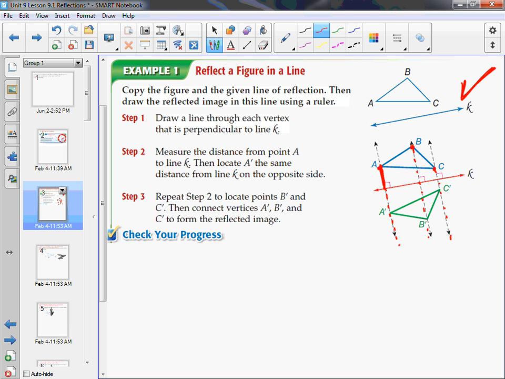And then we put A prime that exact same distance on the other side of that line of reflection, using that dotted line to line them up. Then I measure the distance from B to the line of reflection. Using that dotted line, I put B prime the exact same distance away. Measure the distance from C to the line of reflection. Use that dotted line to put C prime the exact same distance away. Then I connect the vertices, and I have the reflection.